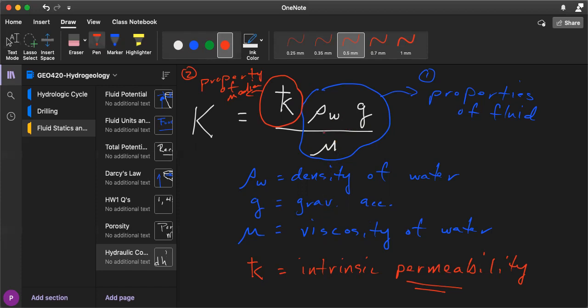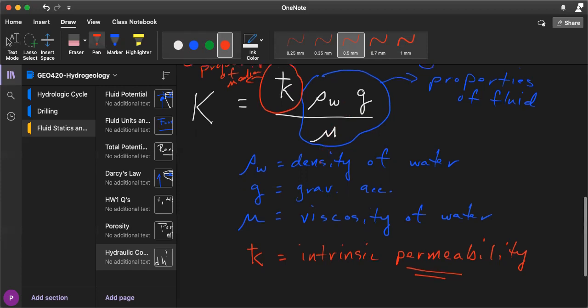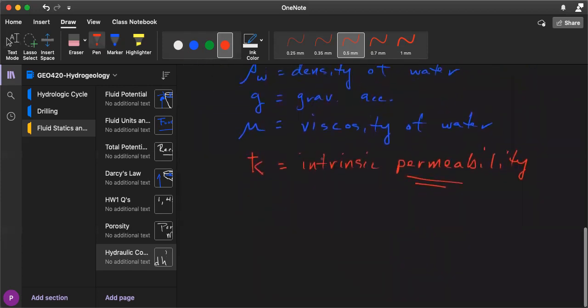Let's do a unit analysis really quick. So hydraulic conductivity has units of length over time, right? What are the units of density?